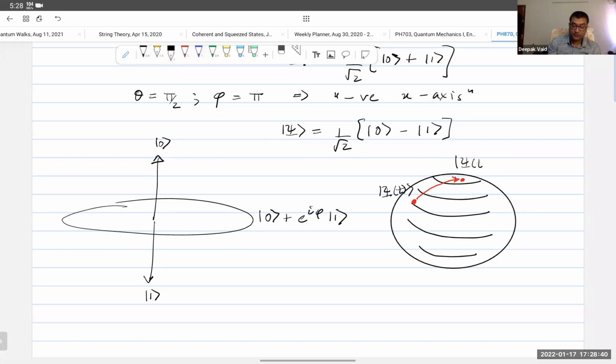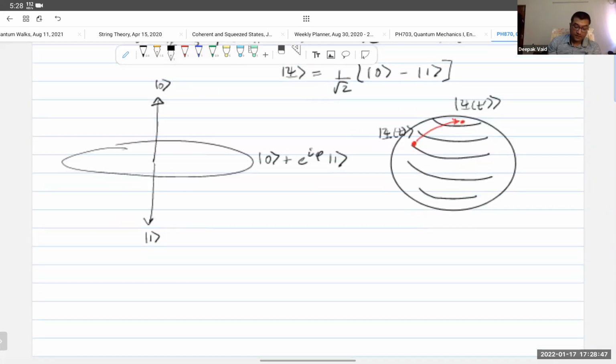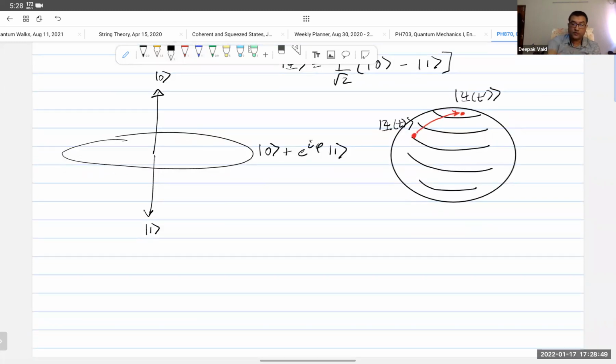This state corresponds to psi t prime. And so this trajectory represents the evolution of the state. Okay, so it gives us a geometric picture. And geometric pictures are always nice because our brains and our intuition are inherently geometric. So now let's look at this X gate. Okay, so this is the Pauli X gate.